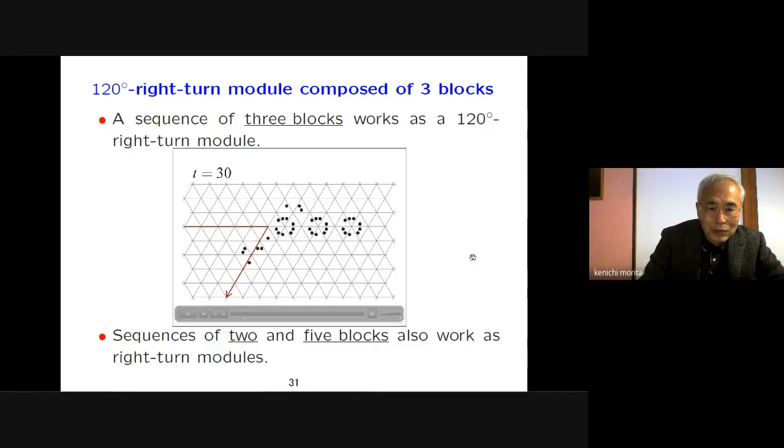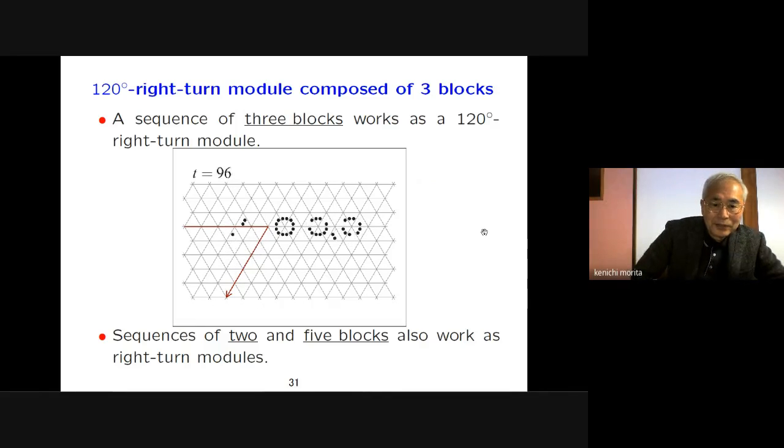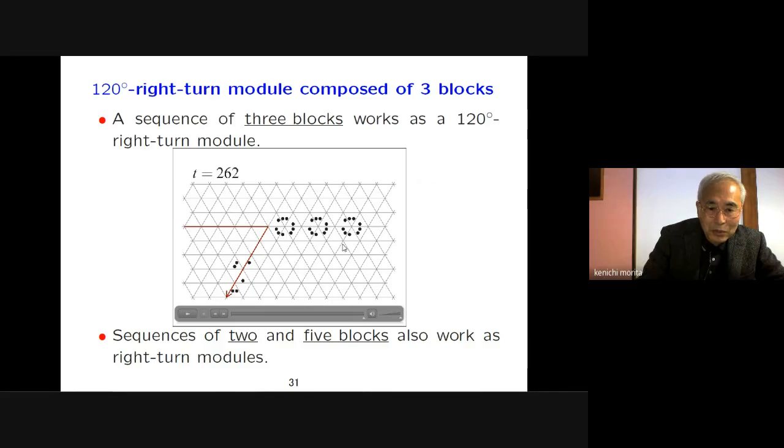I will show once more, okay? This is a 3-block case, but sequences of 2 blocks and 5 blocks also work as right turn modules.